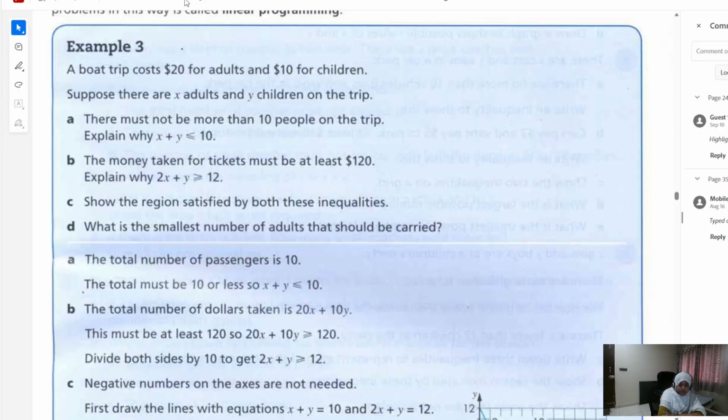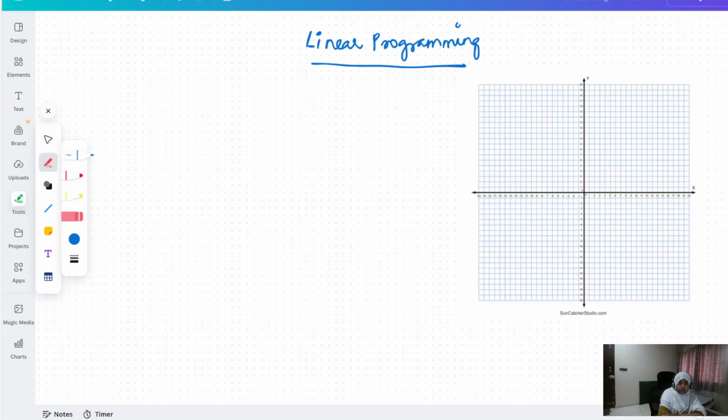All right, so we'll just try to jot down what is given in this question. Then we'll try to solve one by one. So they have given that there is a boat trip.